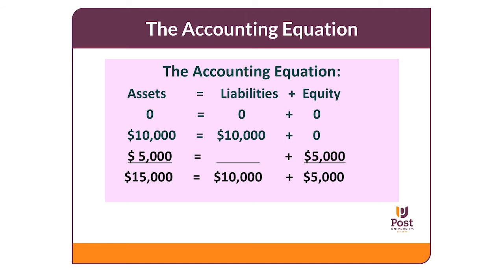And then I would summarize everything and end up with $15,000 cash for assets, $10,000 for the liability, and $5,000 for equity. Assets equals liabilities plus equity.